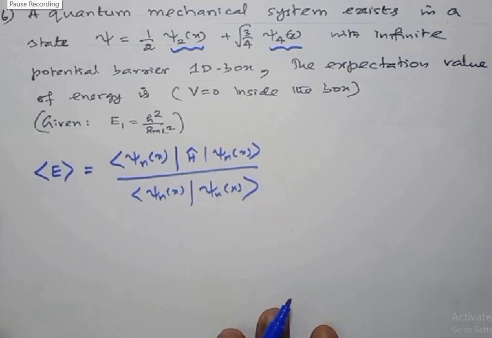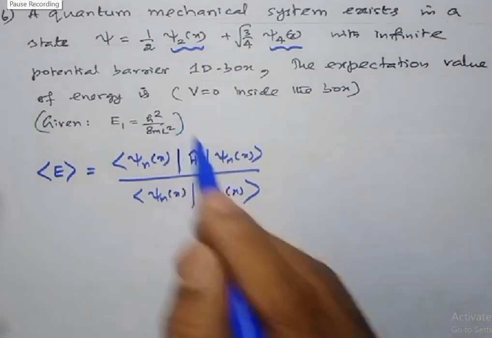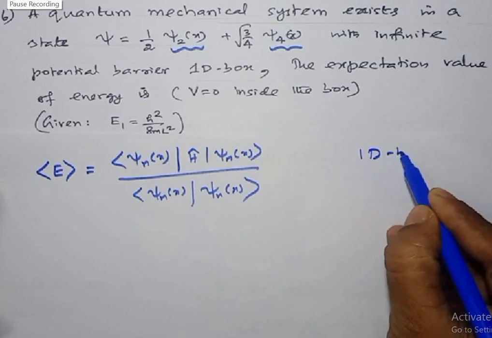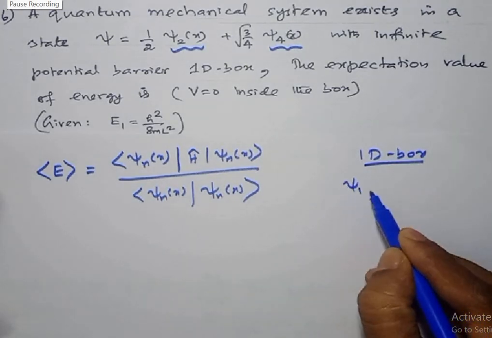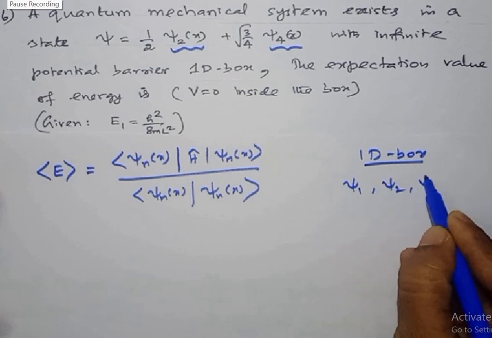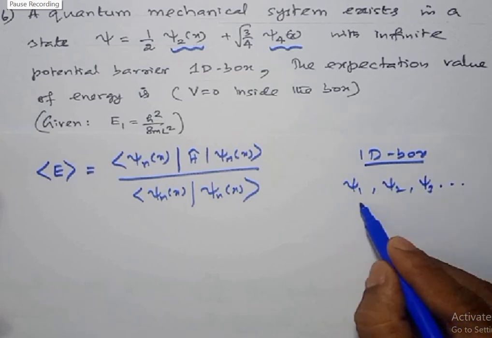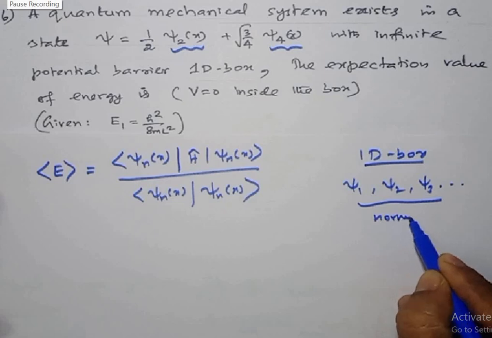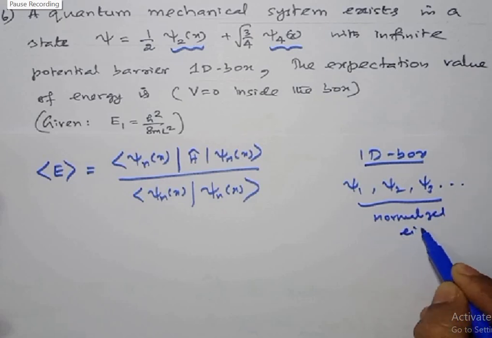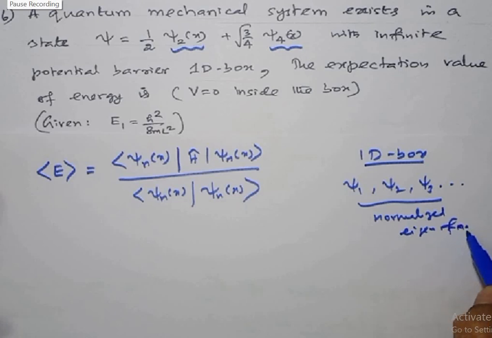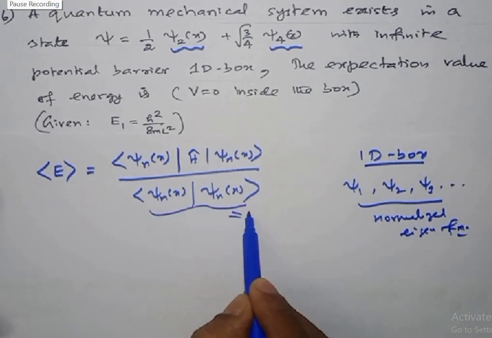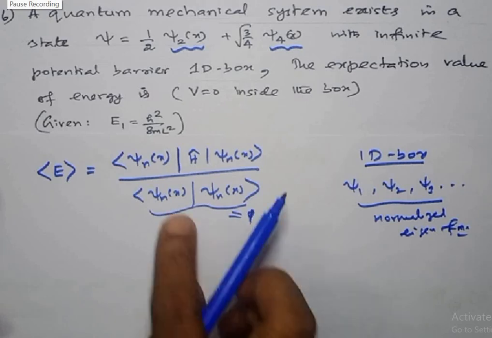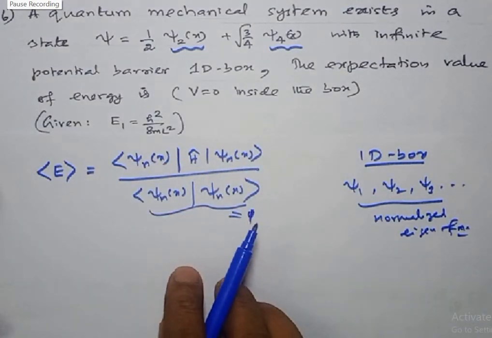This is a general formula. Now, in the case of the 1D box, the wave functions psi 1, psi 2, psi 3, etc., are all normalized eigenfunctions. Since they are normalized, the denominator becomes equal to 1, so we will have only the numerator.